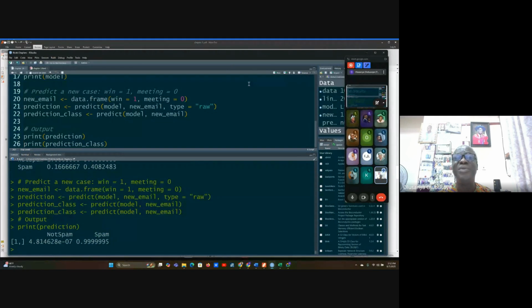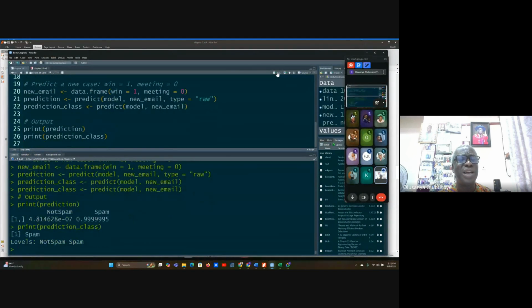The last line gives you the particular class, which means the class is spam. The classifier has classified that message to be spam. That's what the result is saying.